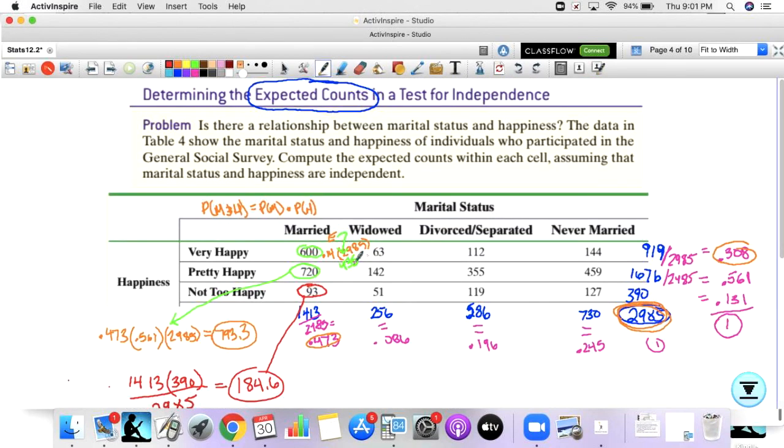The data that they're giving you here, this is actual observed data. The number that you're calculating here is what this potentially should have been based on the overall percent of the column and of the row, okay, and the sample size. So this is one part of the calculations we need.